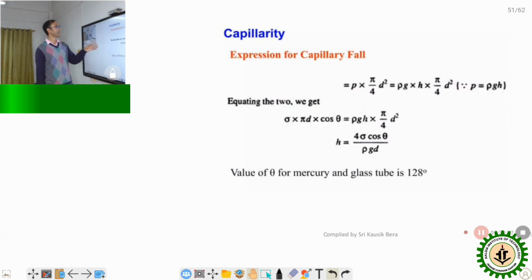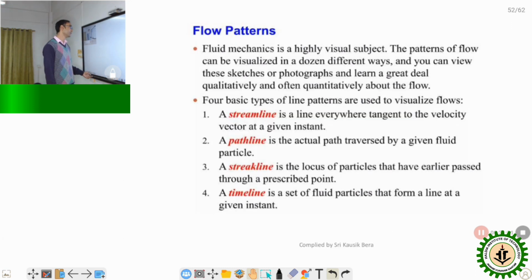So equating the upward force and downward force, sigma pi d into cos theta will be rho g h into pi by 4 d square. So h will be 4 sigma cos theta by rho g d. The same thing, but theta for mercury and glass tube is 128 degrees.